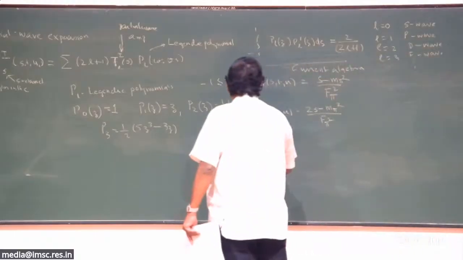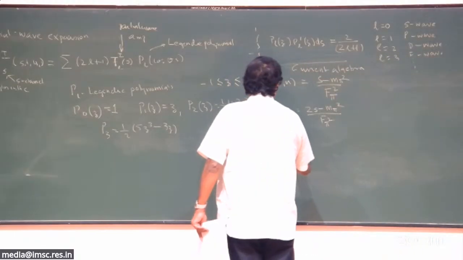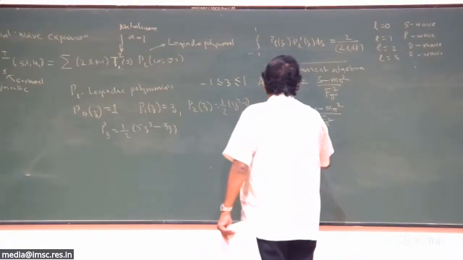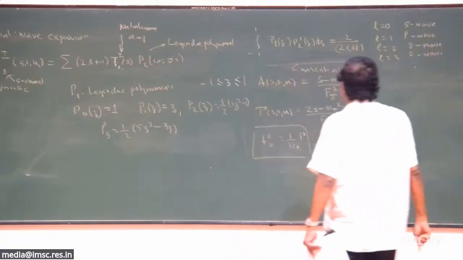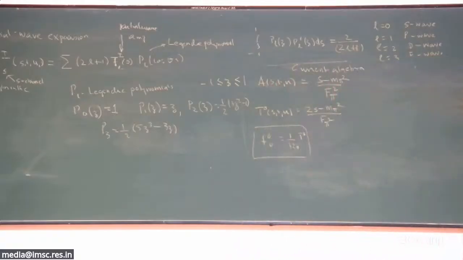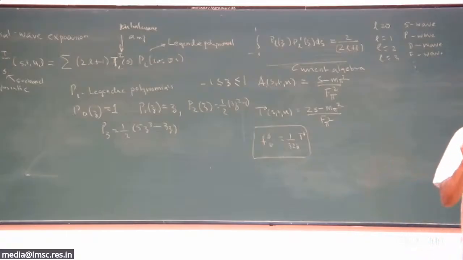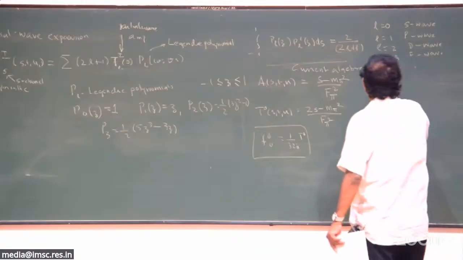So F00 is just this, but there's a 1 by 32 pi times T0. Okay. There's an overall normalization factor. Now, for the electromagnetic form factor, I needed to compute the T equals 1 P wave, L equals 1. So let us construct T1 of STU.